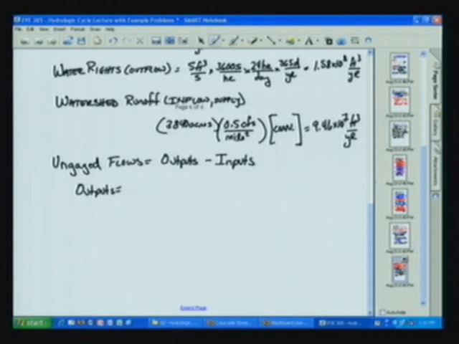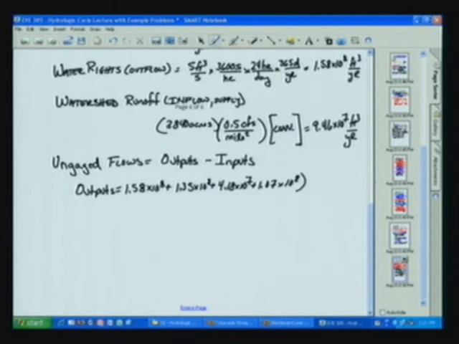We have 1.58 times 10 to the 8 plus 1.35 times 10 to the 8 plus 4.18 times 10 to the 7 plus 1.07 times 10 to the 8.